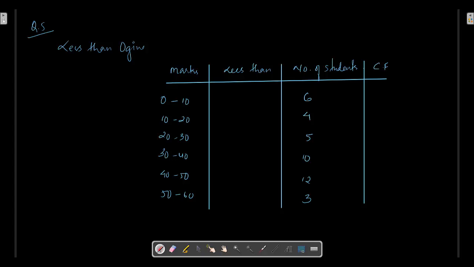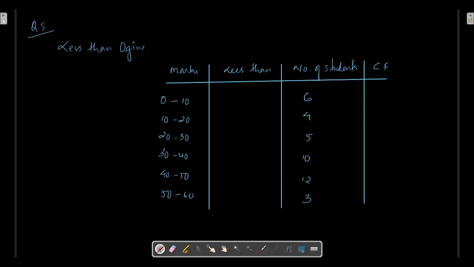Here in archive we have to calculate cumulative frequency on both less than and more than basis. First let's study less than, and after that we'll plot the points and make a graph, and after that we'll study more than and plot the points, and then we will be done with archive in both less than and more than basis.